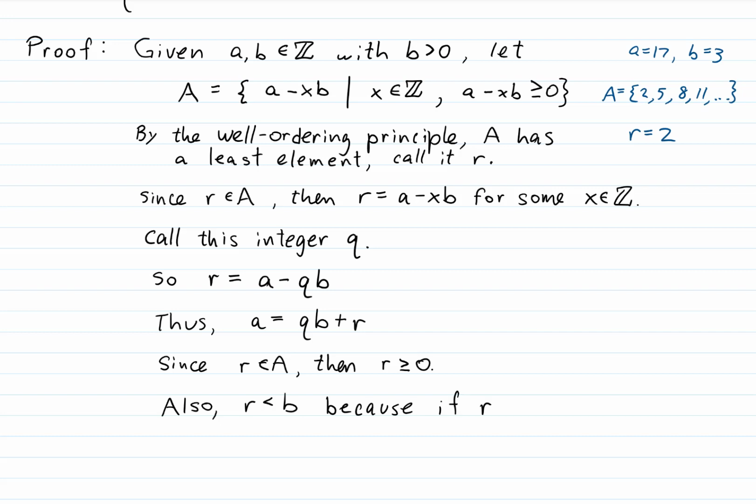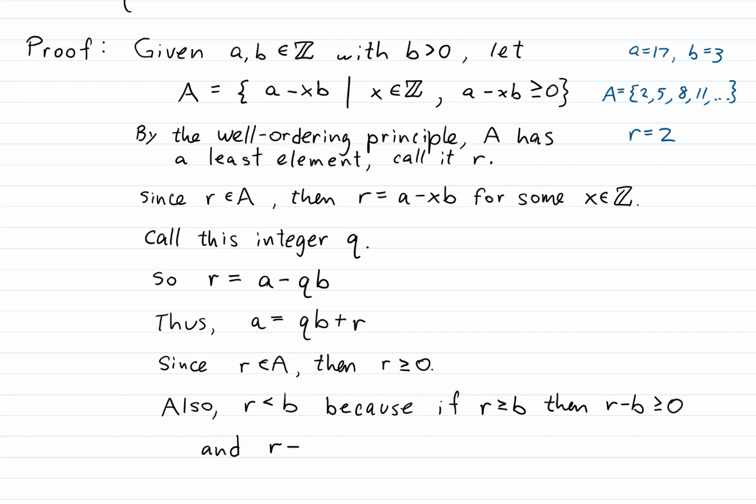if R was not less than B, in other words, equal to or greater than B, then that means that R minus B is non-negative, and it's an integer. R minus B is an integer because R and B are both integers. Okay, and what else could I say?